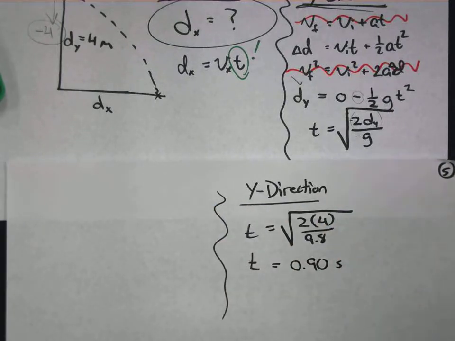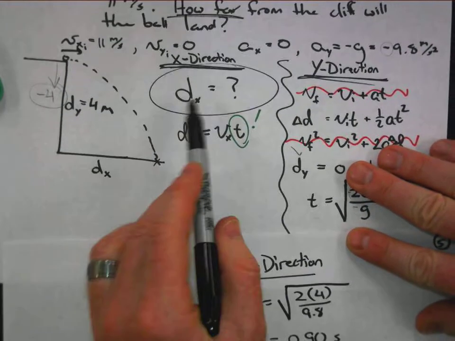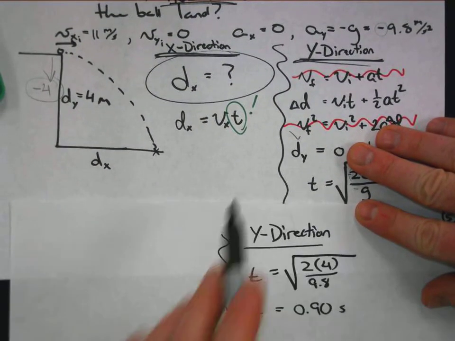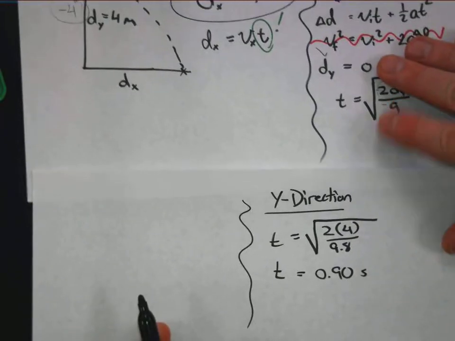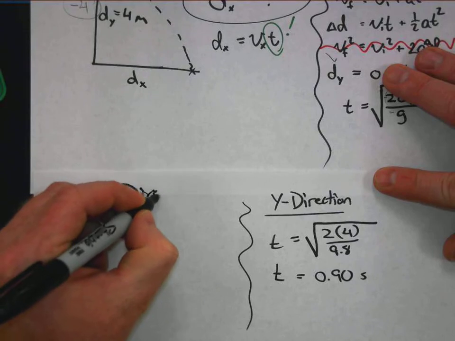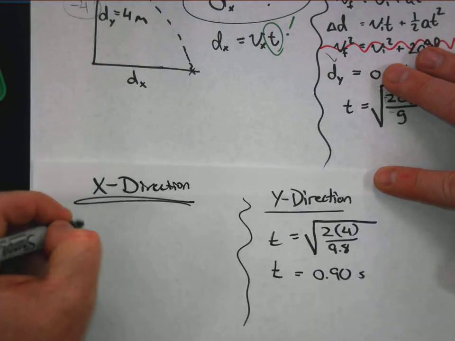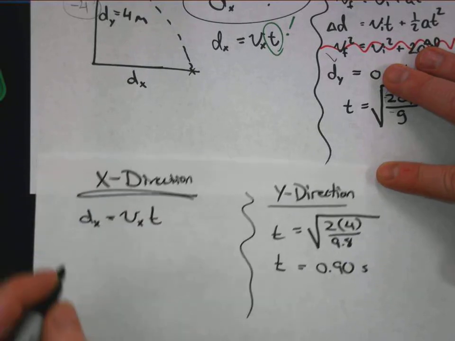The question really asked how far from the cliff. So that's this guy. But I'm going to take this answer for time and substitute it into this equation and make it work. So I'm going to come back here to my x direction side, and I have this, right?